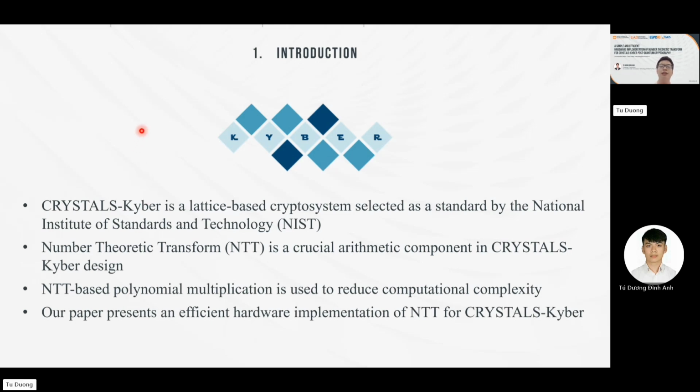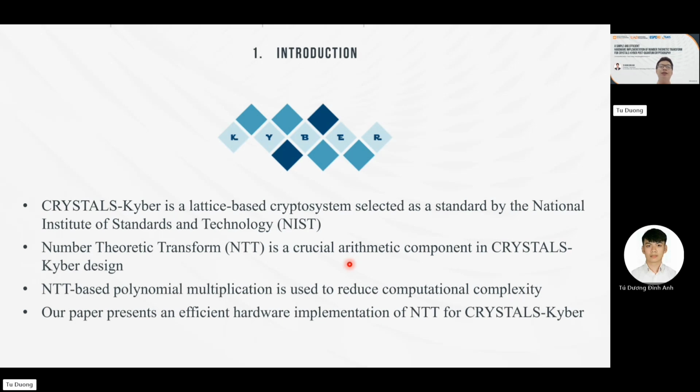So the first one is the introduction. Our paper focuses on designing a fast and efficient hardware architecture for the number theoretic transform, the NTT, and the NTT is a crucial arithmetic component in the CRYSTALS-Kyber design.